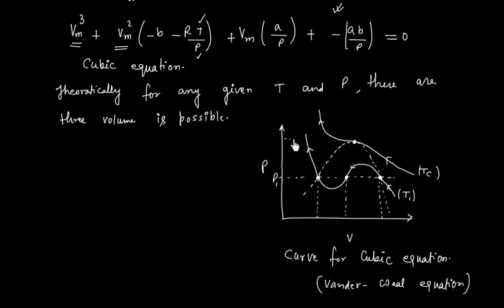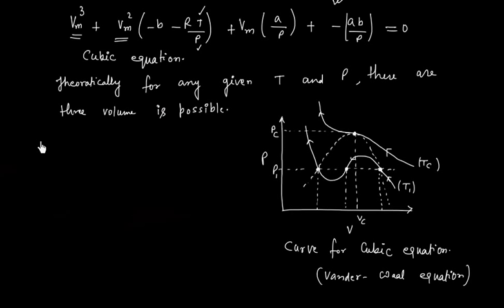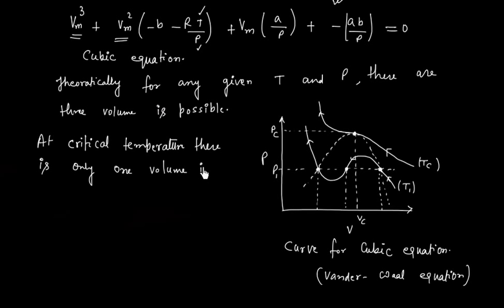Corresponding pressure is critical pressure, and corresponding volume is critical volume. So we can say at critical temperature only one volume is possible.